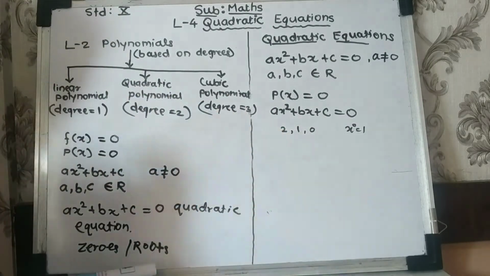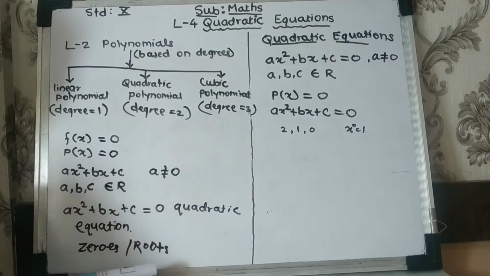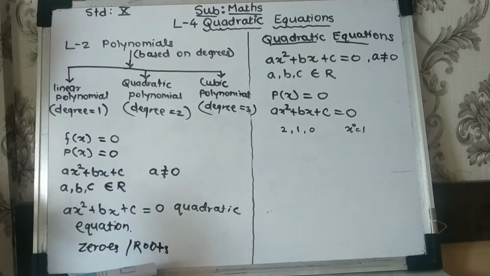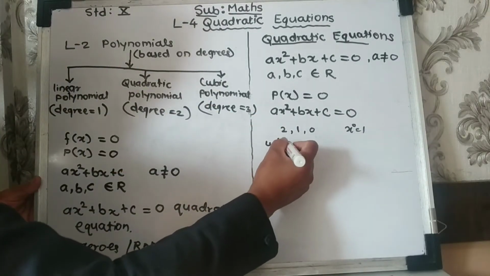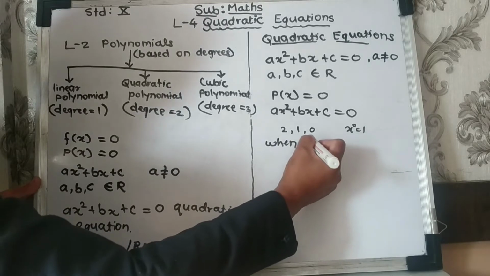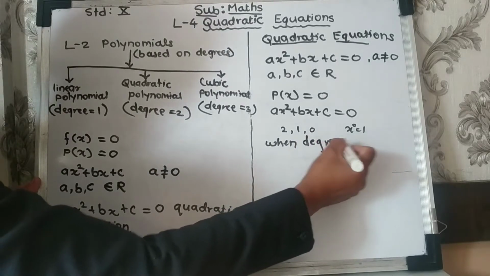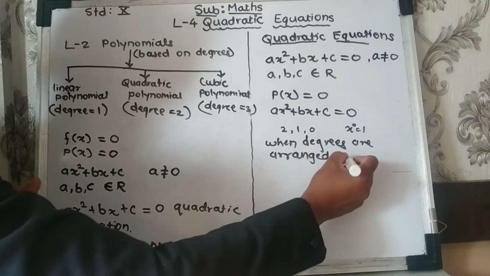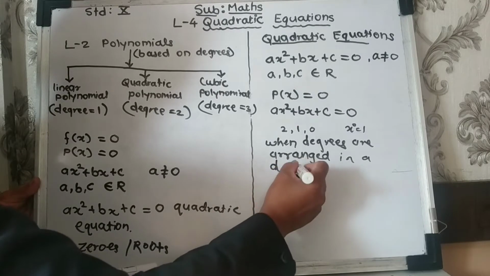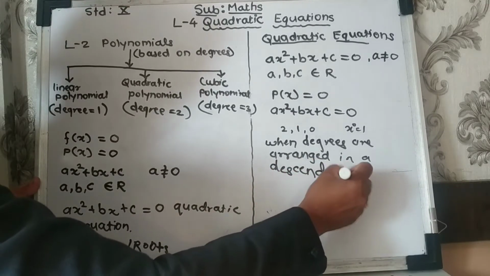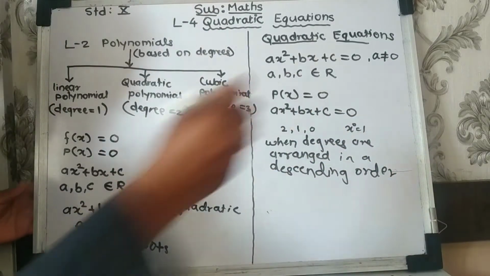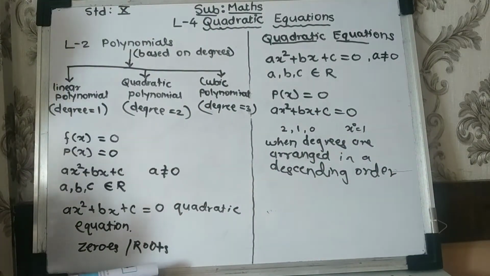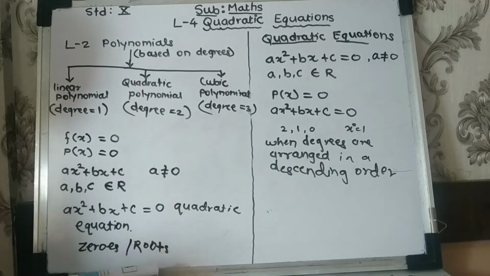So likewise, when the degrees are arranged in descending order, we get the standard form of the equation, and that is ax square plus bx plus c.